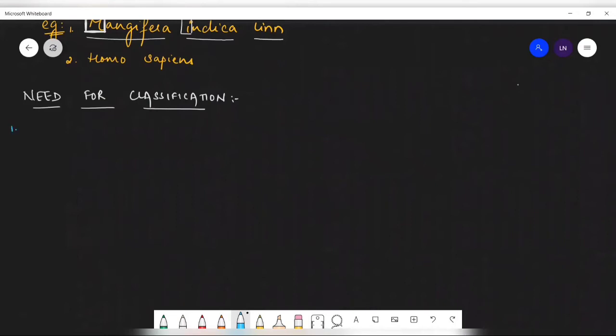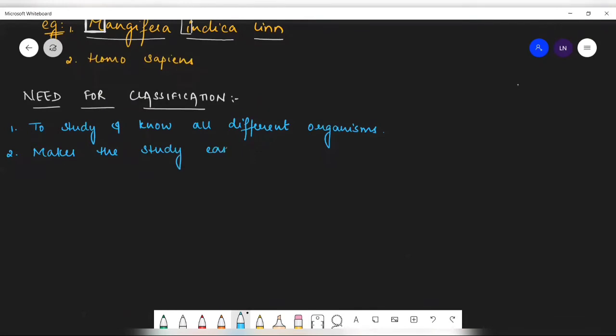The first thing is to study and know all the different organisms. When you classify organisms, it makes the study easy.